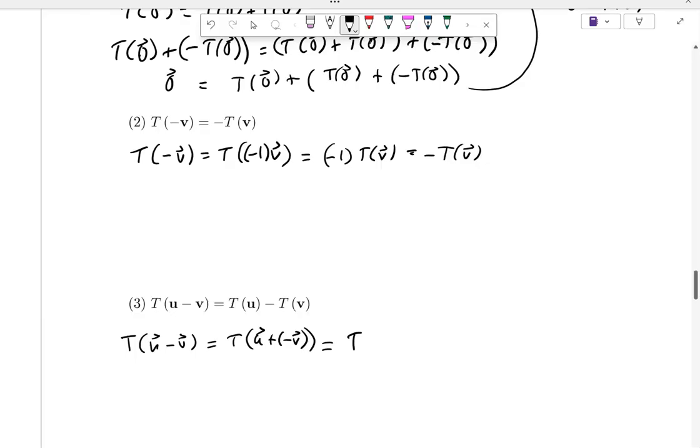Yeah, break it up over the sum. Yep. So I can rewrite that as the transformation of u plus the transformation applied to the opposite or the additive inverse of v. But what did we just prove in the previous part? That is the additive inverse of the transformation, right? And then by definition, that is the subtraction.